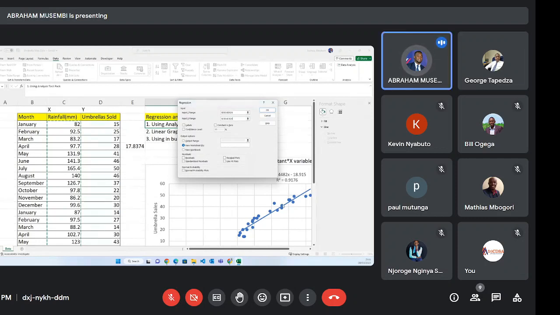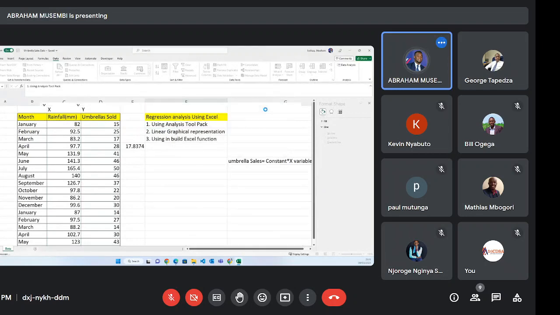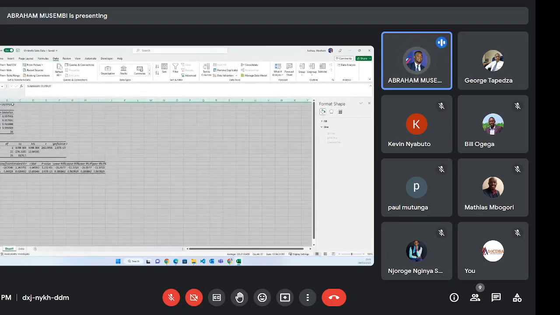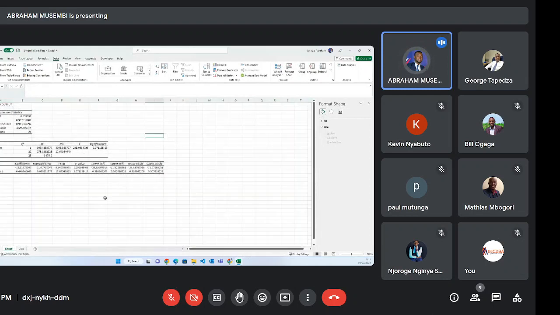Then now I want my output. I'll just click OK. Once you click OK, it will give you such an output. Now under this output, we have to start our interpretation. And with that, I'm going to start with the summary output.